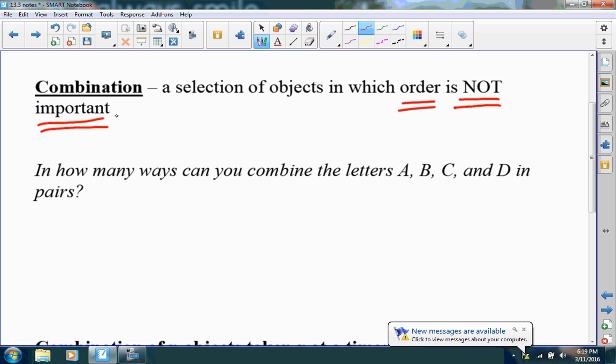So picking Johnny for president and Susie for vice president is very different than picking Susie for president and Johnny for vice president. But here, for combinations, it doesn't matter.